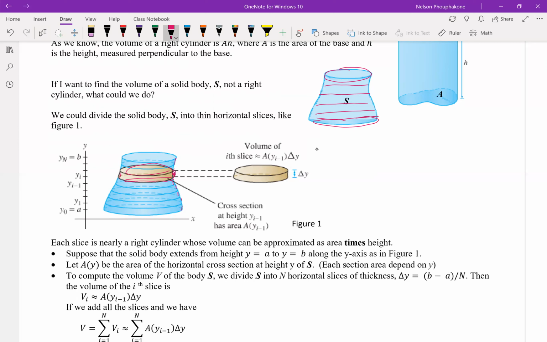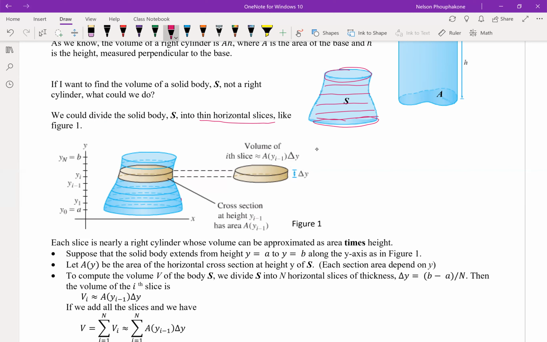First of all, if we have a solid S right here, what we are going to do is divide it into really thin horizontal slices. Just cut it, and for each slice you will see that the height is delta y.